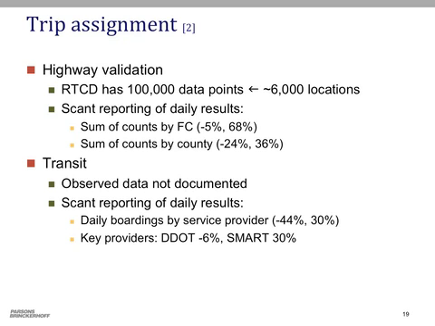And you see they have daily boardings by service provider that range from -44 to 30%. But the two big guys in the region have fairly reasonable data lining up with reality. Something we'd like to go back and explore a little bit further as the model development goes on.